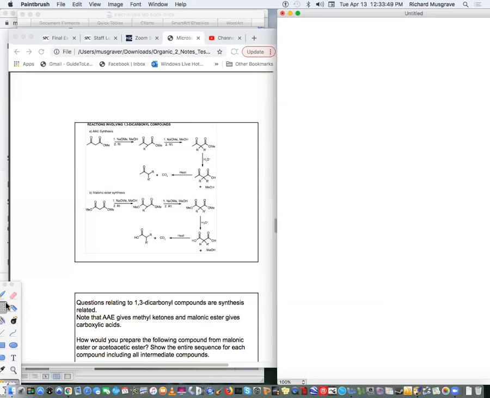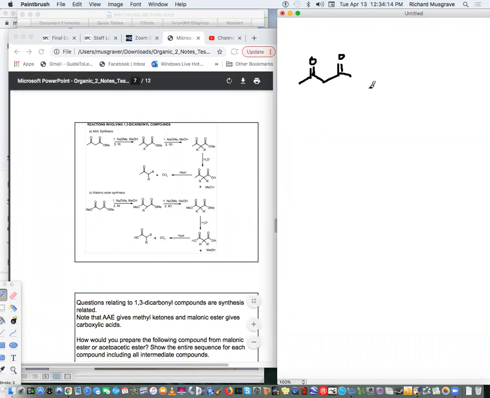All right, so the bottom line here is that if we treat this with a base, and the base we're using here is sodium methoxide, in methanol, MeOH. It's a strong base. It's the conjugate base of methanol that we're using here.